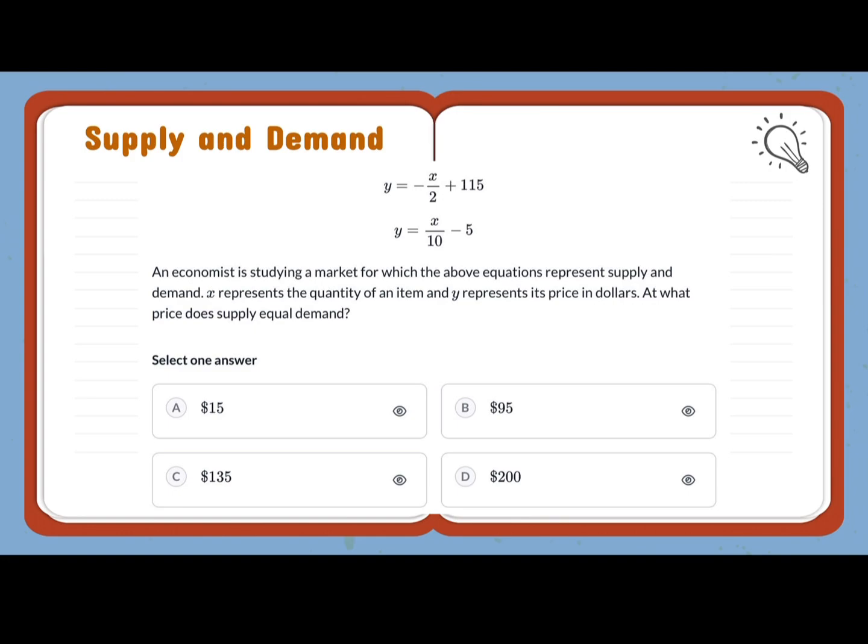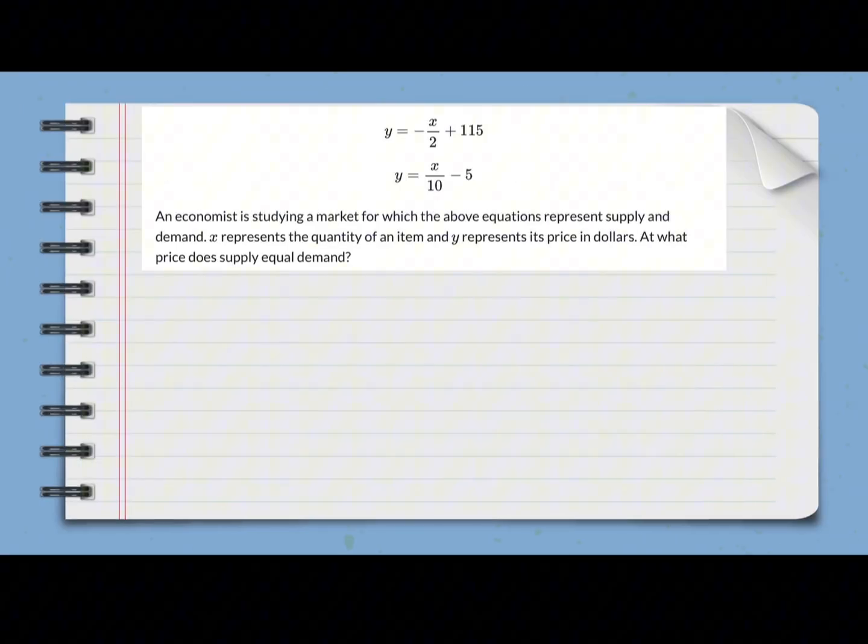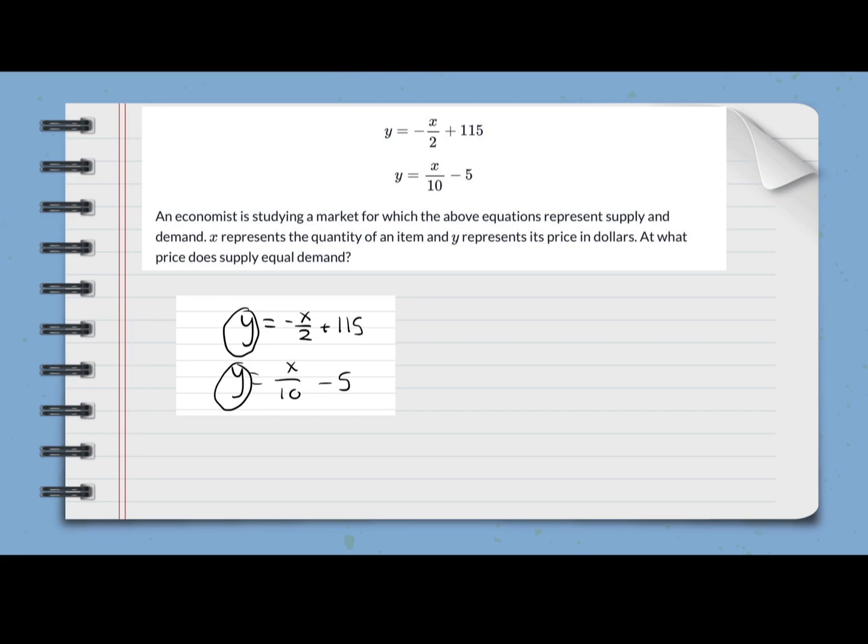So you guys have to recognize here, both equations are using the same variables, and because they both equal y, we can very easily set them equal to each other. You can just substitute y in for either equation. You'll end up with the same result. And we just have to solve for x.